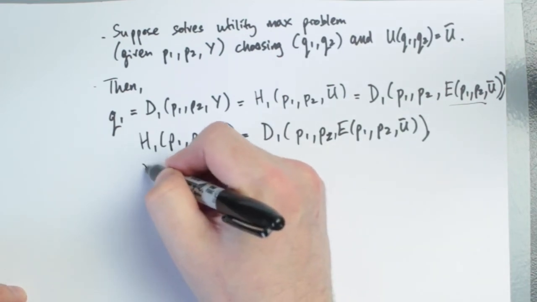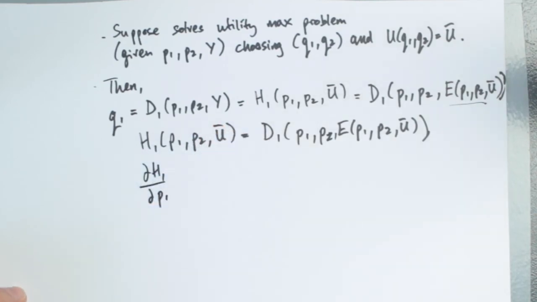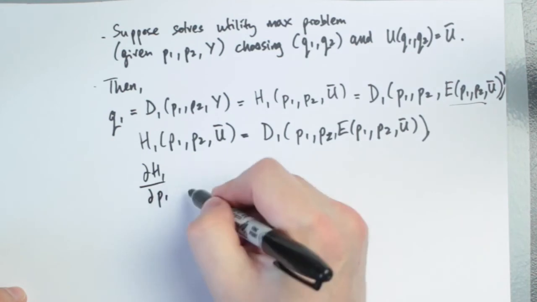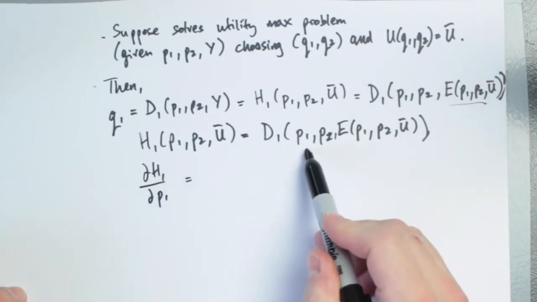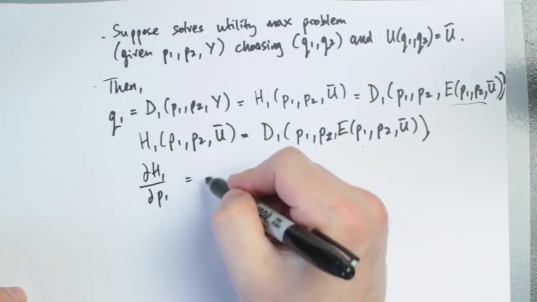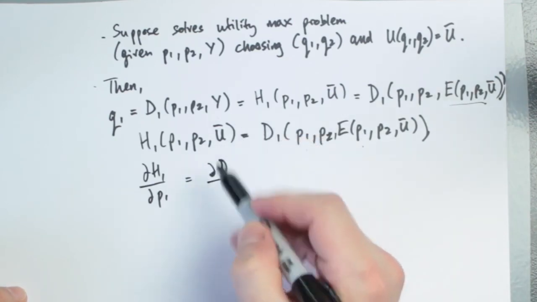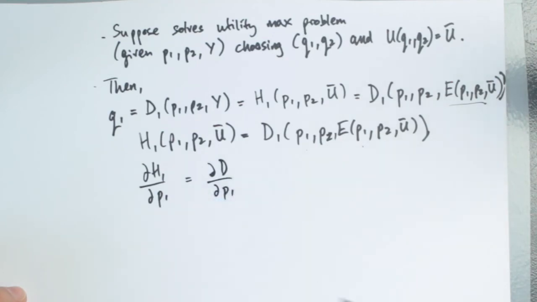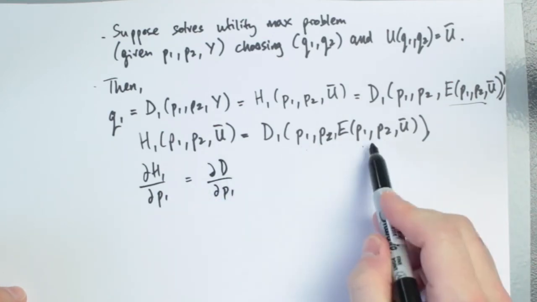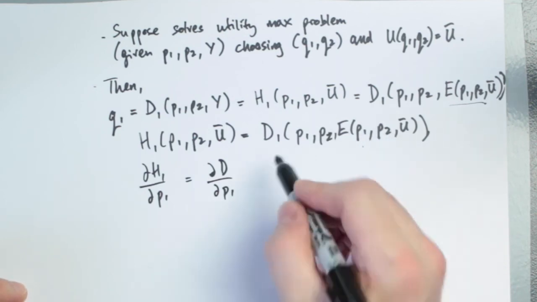Okay, so let's differentiate Hicks demand with respect to the price of good 1. And let's do the same over here. Now here I've got the price of good 1 appears here and appears here. So I'm going to have to do each in turn. So if I differentiate partially this demand with respect to the price of good 1, the price of good 1 is also going to affect this expenditure function term.